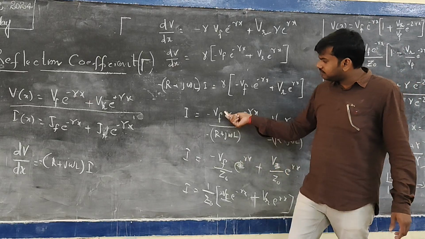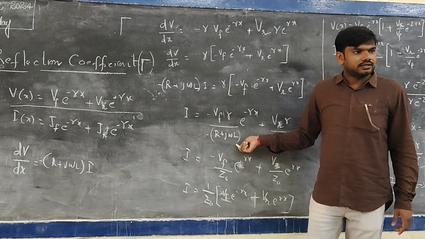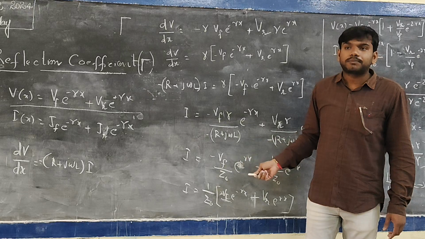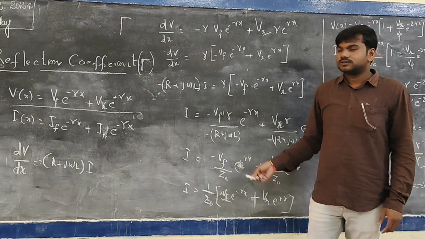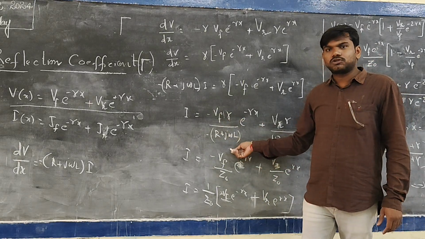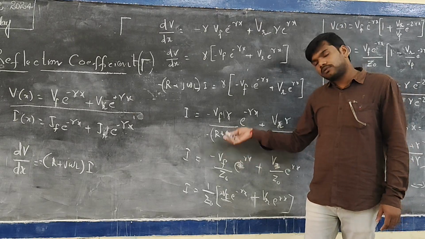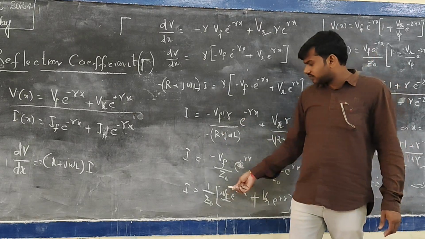If I restructure, gamma by (R plus j omega L) is equal to 1 by the characteristic impedance. In the last class we have discussed that, so that's why I am taking Z.